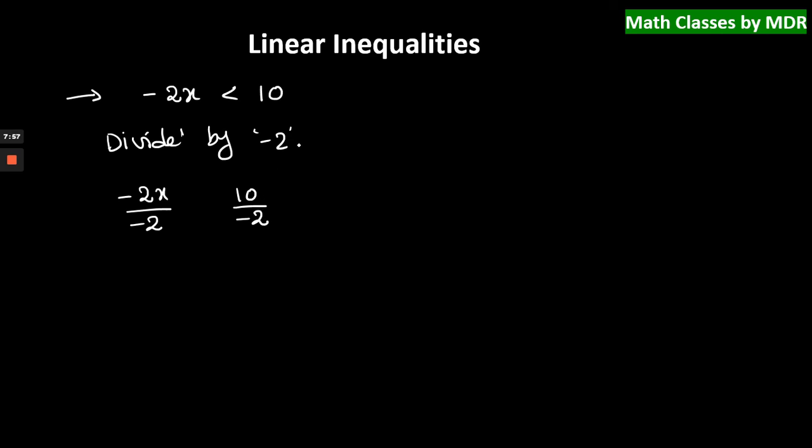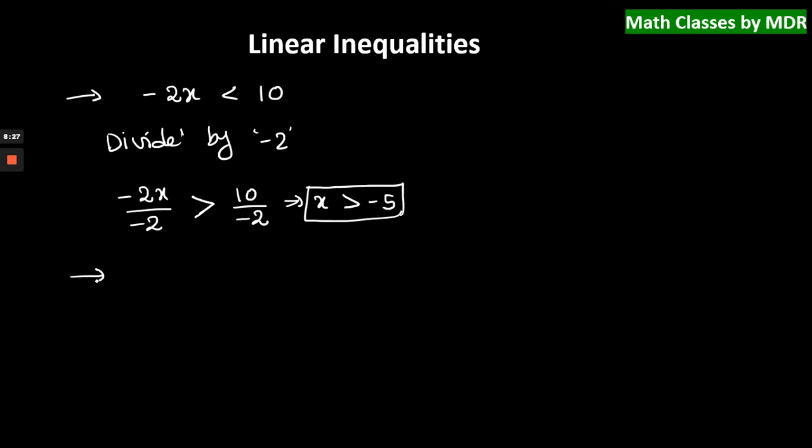When you are dividing by a negative number like minus 2, the inequality sign changes. There are only two possibilities, either less than or greater than, so from less than it changes to greater than. It means that x is greater than minus 5. Minus 2x less than 10 means x is greater than minus 5.